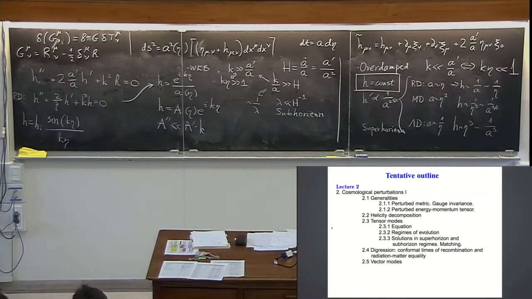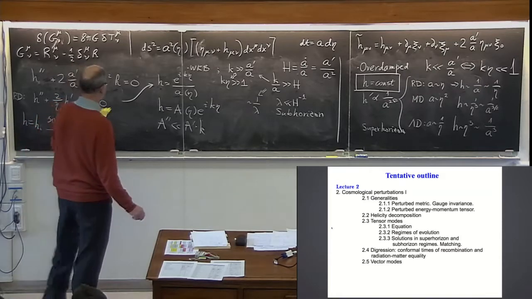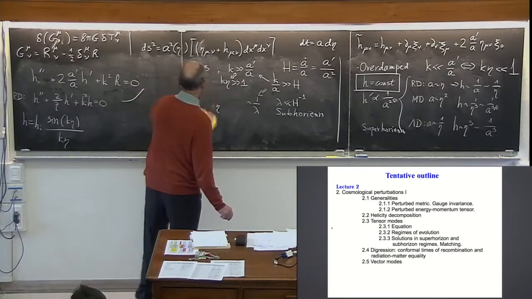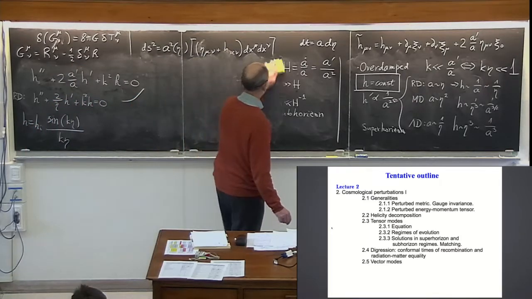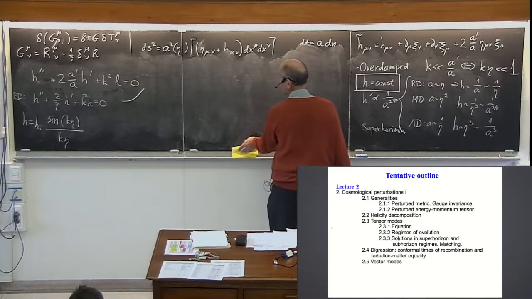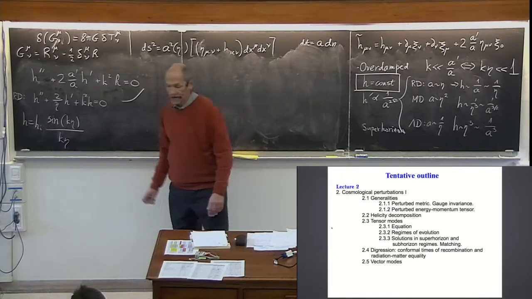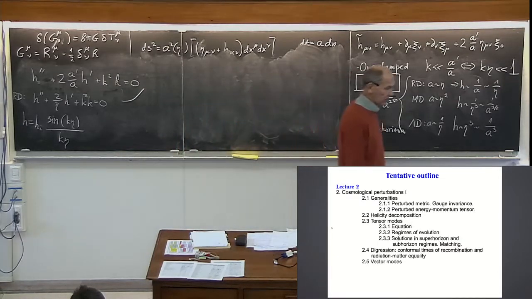So what is the relevant quantity? It's basically the gravitational wave at the recombination epoch.